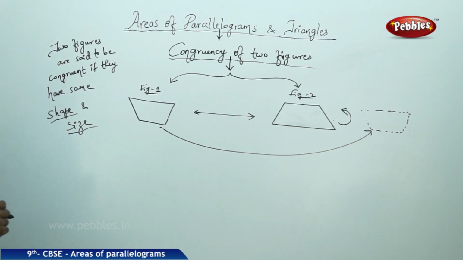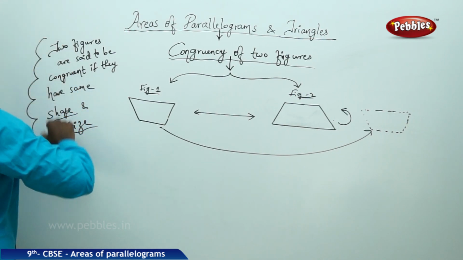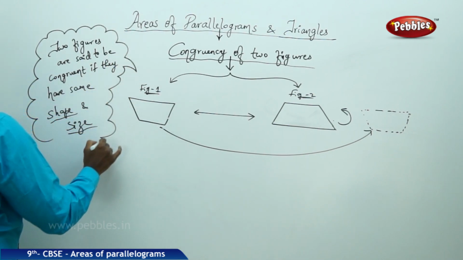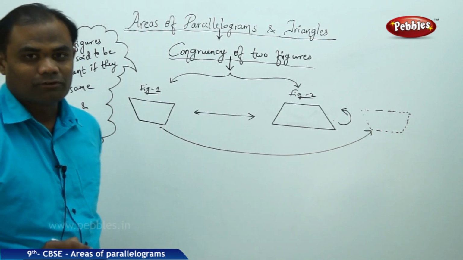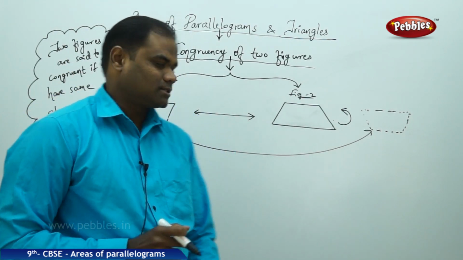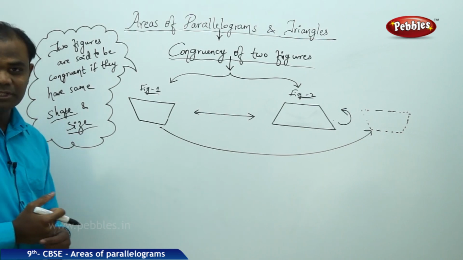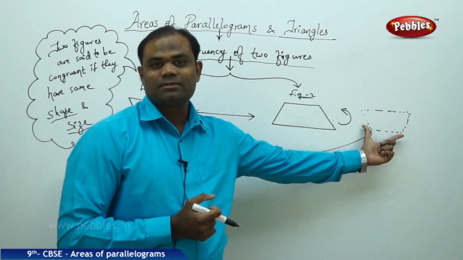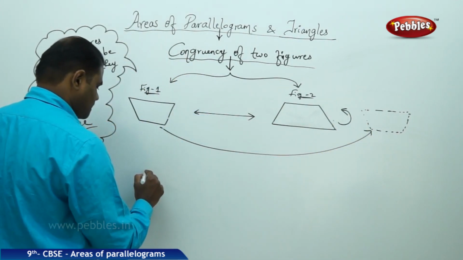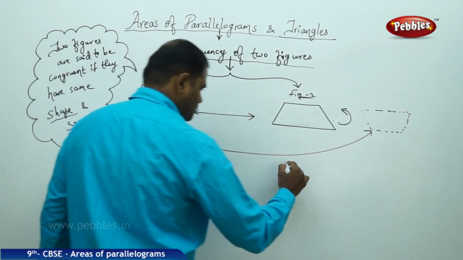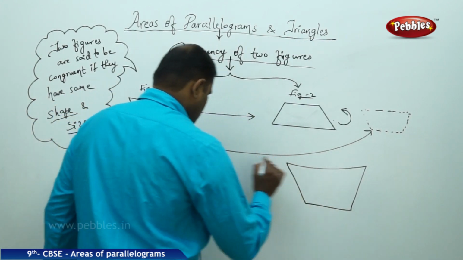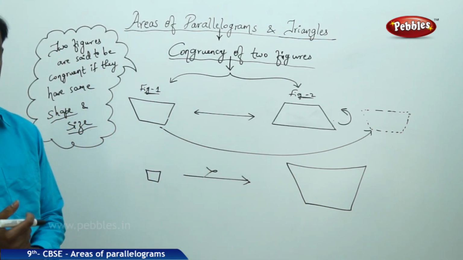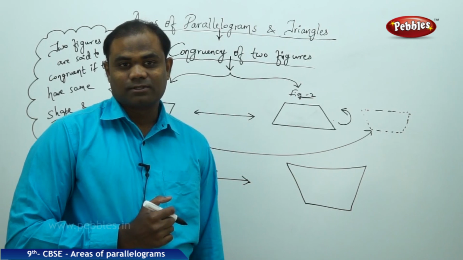That is how we define congruency. Two figures of the same size and same shape are said to be congruent. This is congruent to this. But this is not congruent to this, because they are of the same shape but they are not of the same size.